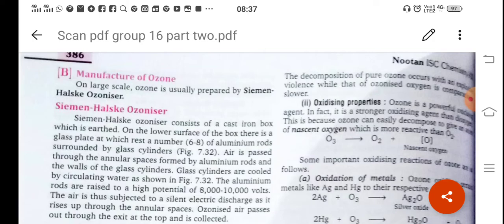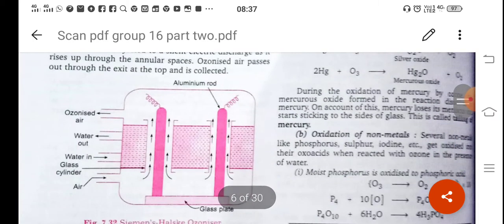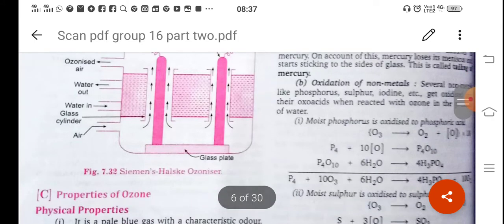These glass cylinders are cooled by circulating water. As shown in this diagram, ozonised air is passed, the water comes out, and the air passing through becomes ozonised air.